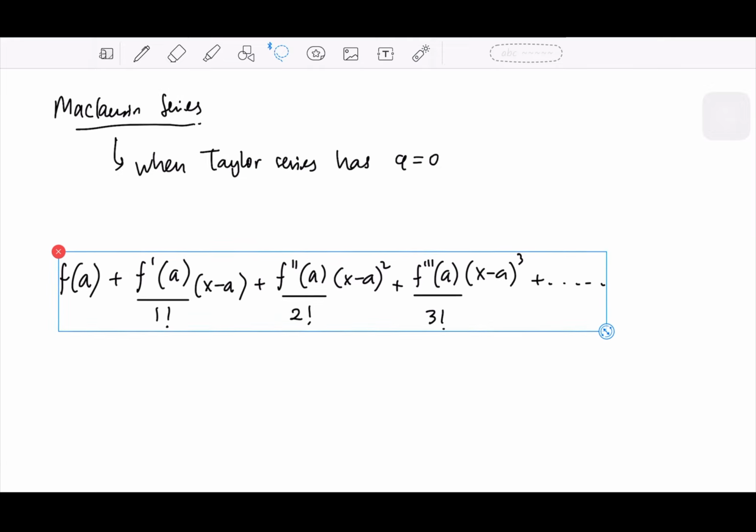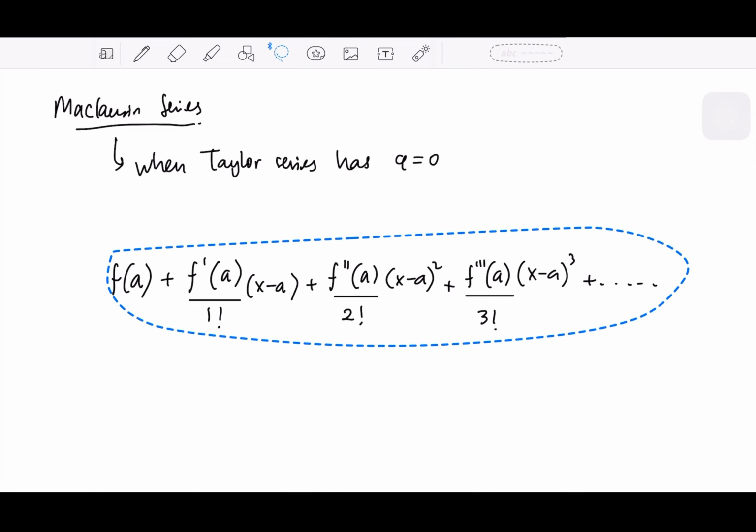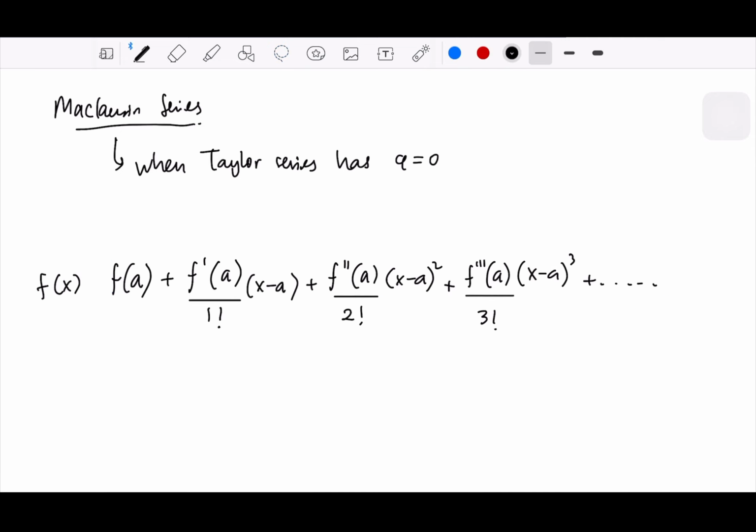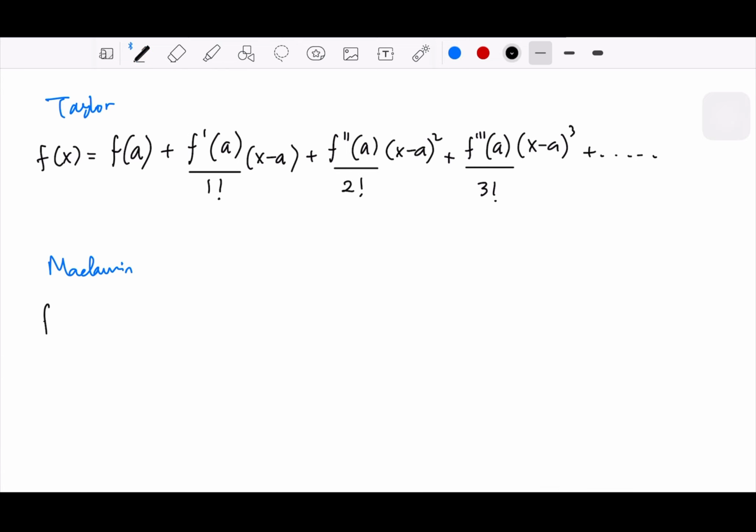This is Taylor, and this is Maclaurin. So Maclaurin will be when a is 0, with f to the n at 0 over n factorial, x to the power of n.